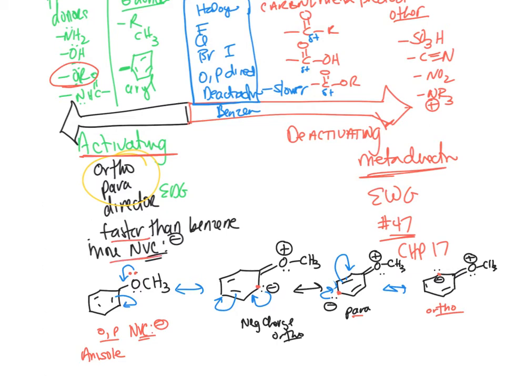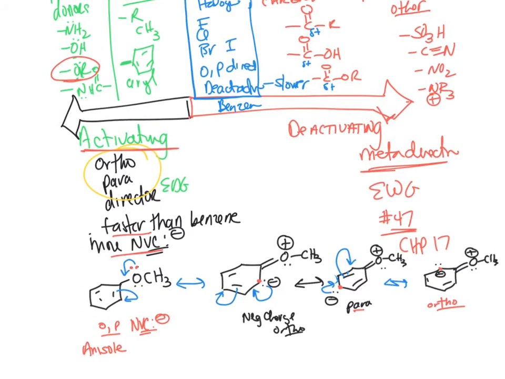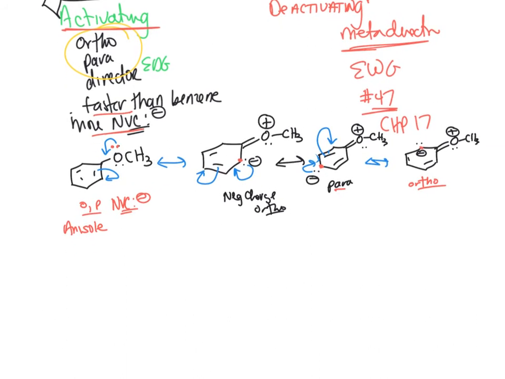Using curved arrows, draw 3 resonance forms of nitrobenzene. Okay, so now let's do nitrobenzene. And a nitro is a deactivator. So when we draw our nitrobenzene, nitro is a deactivator.